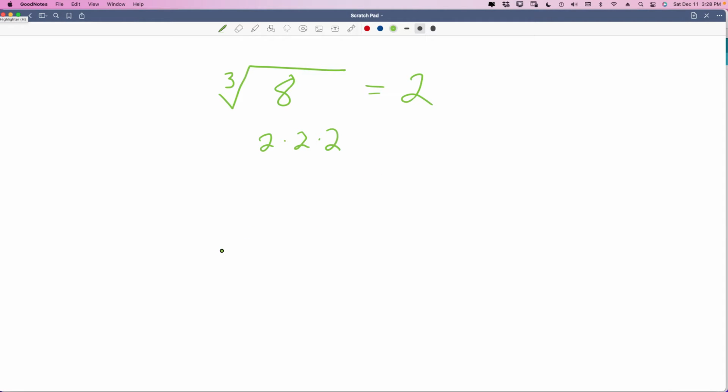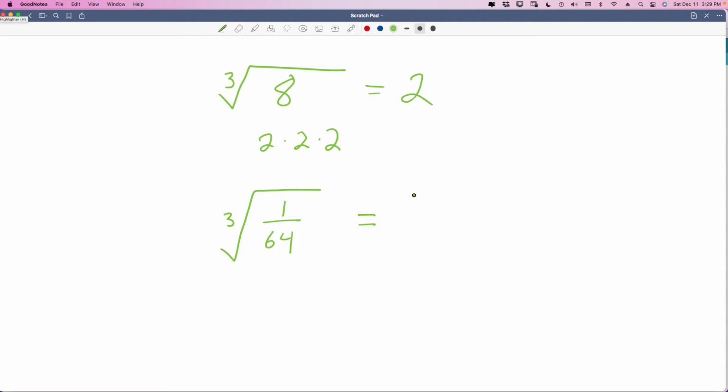So if I said the index 3, the cube root of 1/64, what factor could we use that would give us this if we used it 3 times?